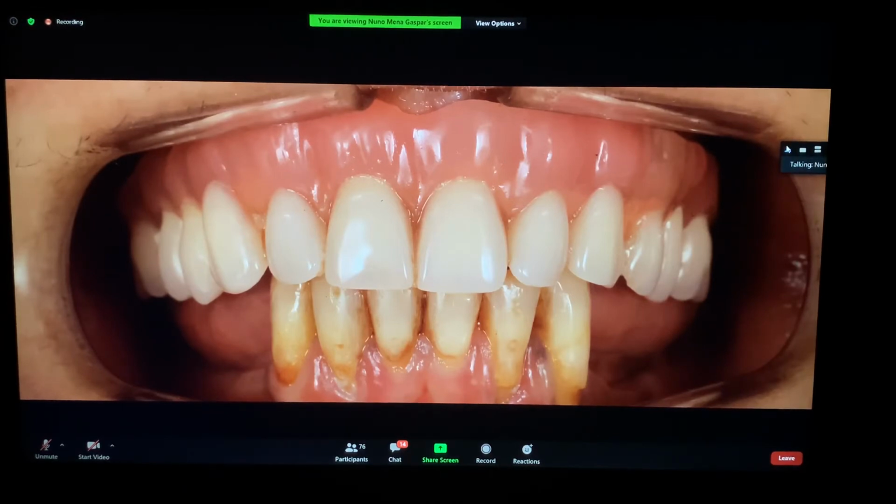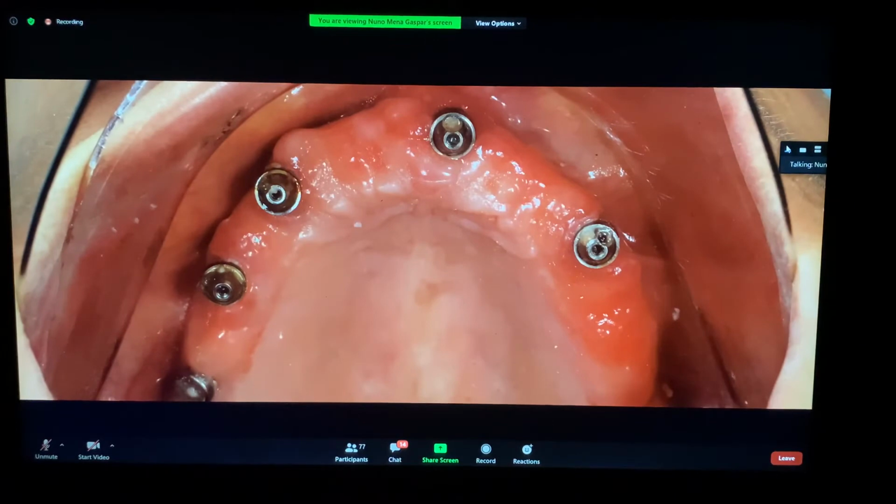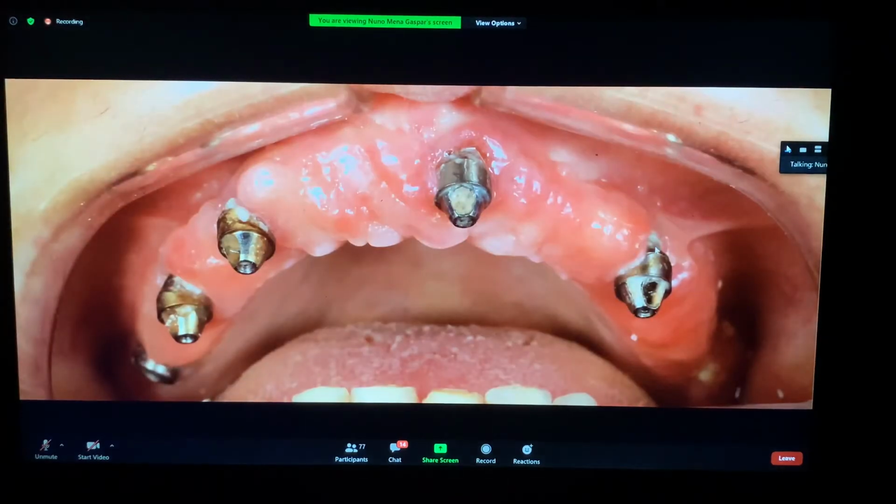Because the surgeon that did this did not do bone reduction. So all these implants are exposed and full of plaque. The probing here is at least 10 to 12 millimeters. Và đó lý do là bởi vì là không có mài xương. She has swelling and pain here and here also.